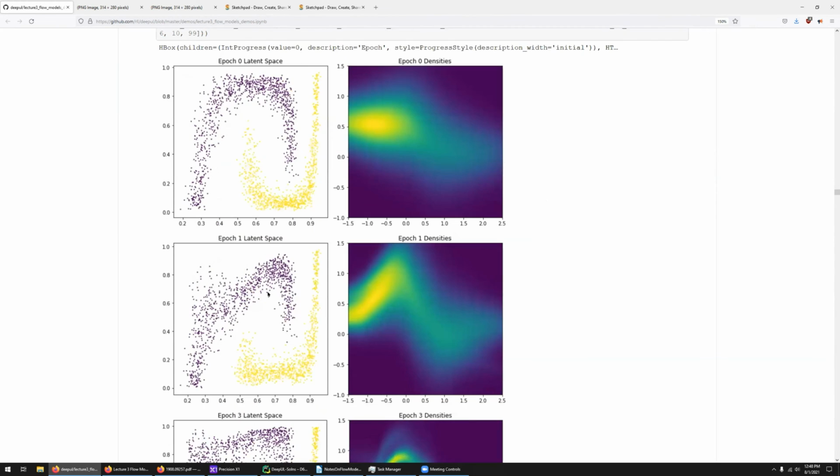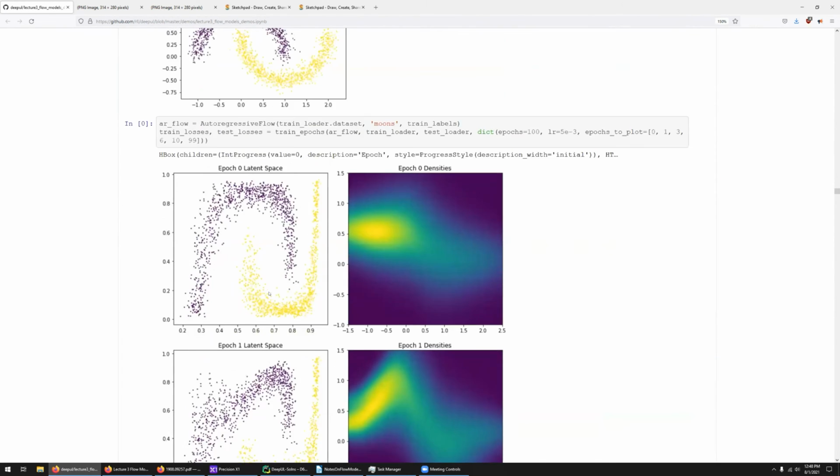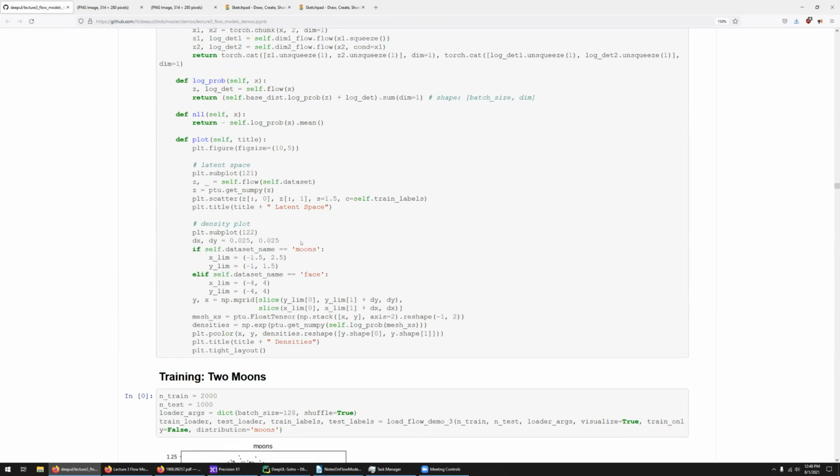So yeah, it basically is, where's the drawing here, latent space here.